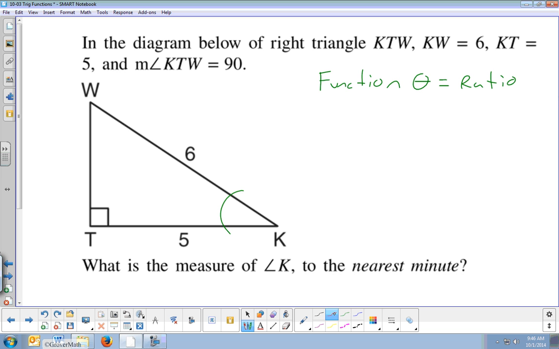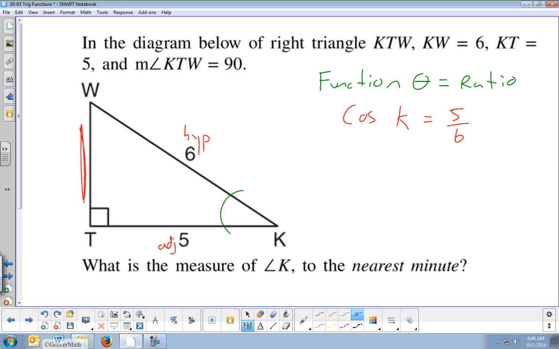And so what function are we? Well, from this angle's perspective, opposite would be here, not there. Adjacent would be here, and my hypotenuse is here. So once again, I'm dealing with adjacent and hypotenuse, so cosine. So cosine is the function, k is the unknown angle, and its ratio is 5/6.